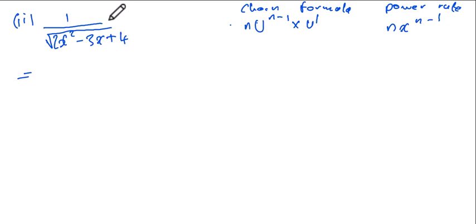Alright, so we know that using the indices rule, this can be rewritten as 2x to the power 2 minus 3x plus 4 to the power negative half. Okay, so when we reverse this, it will be back to the original form.